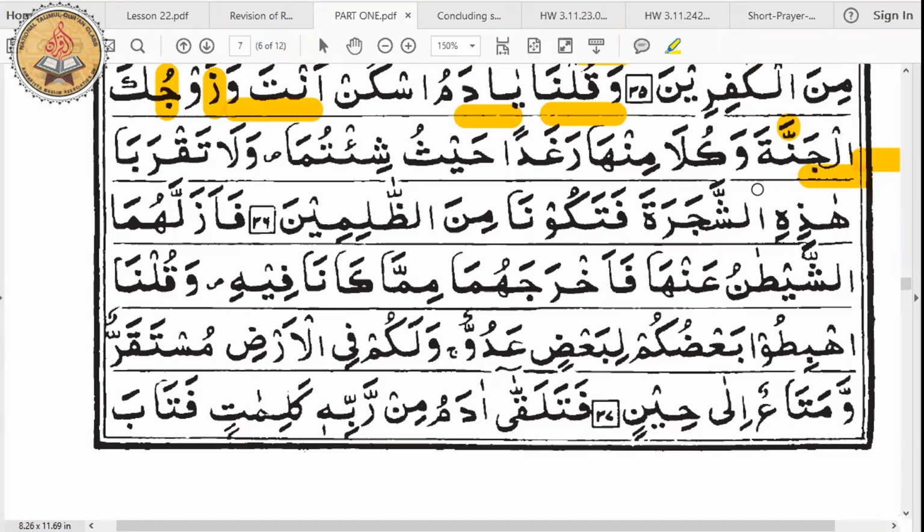So it is that we can't just, inshallah with the practice it will be, we can't break the words and read it between or from the end. So al-jannata wa kula. Al-Jannata wa kula. Well done.